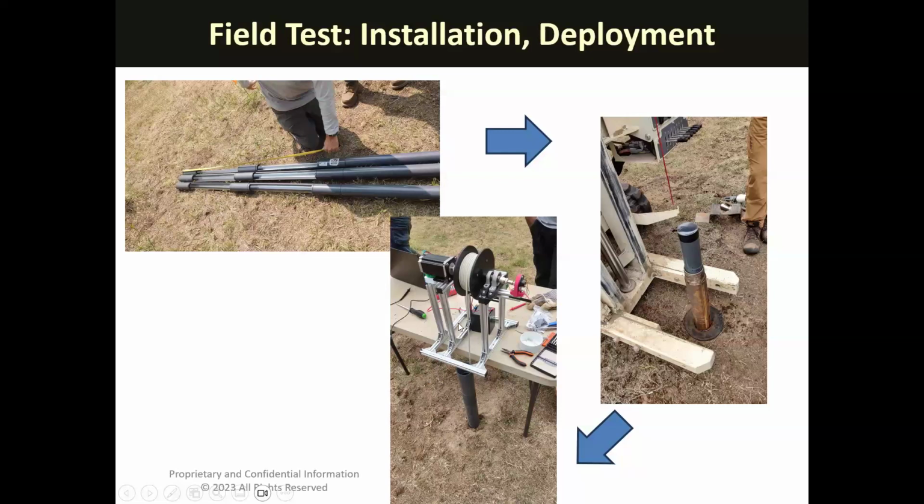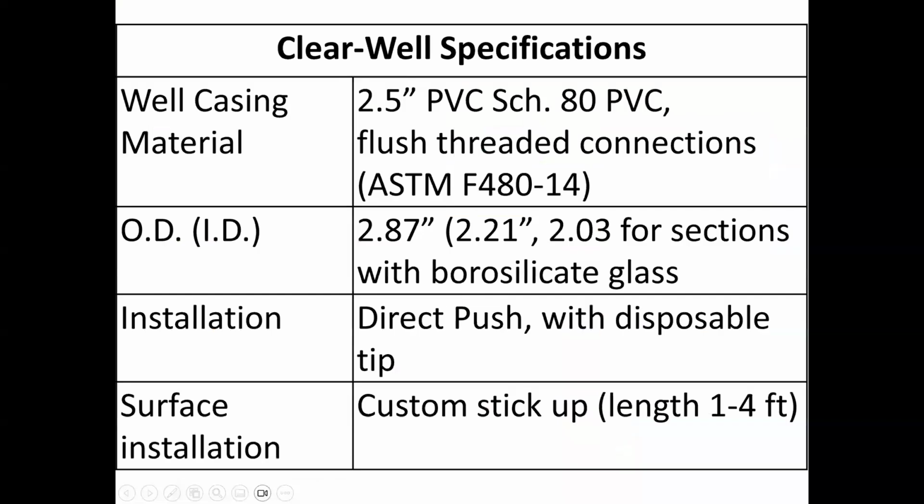This is not as pretty as the last version that you saw, but in principle, it does the same thing. It's a spooled cable that lowers the probe to do the survey. These are some of the specifications. The well casing material is 2.5 inch standard PVC casing, schedule 80. The connections are threaded.